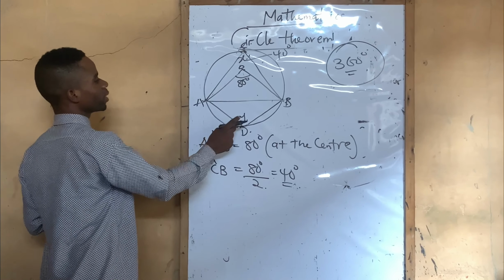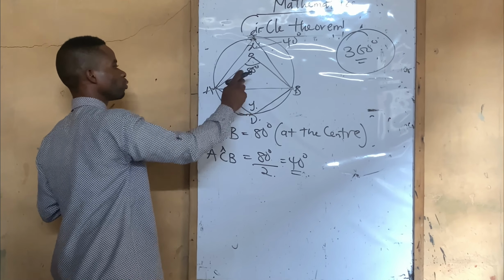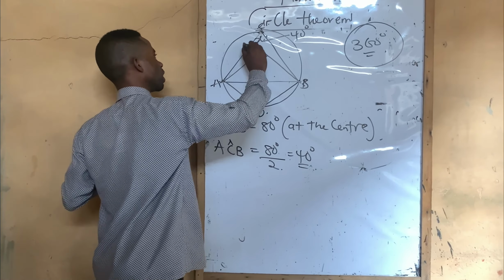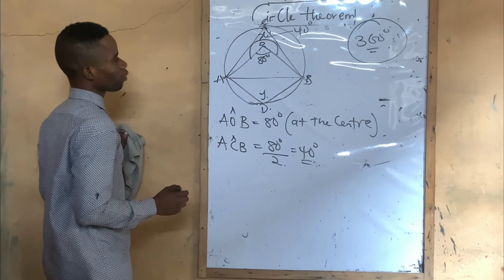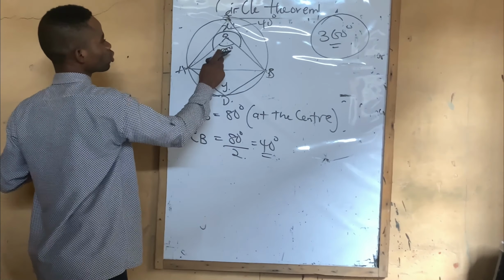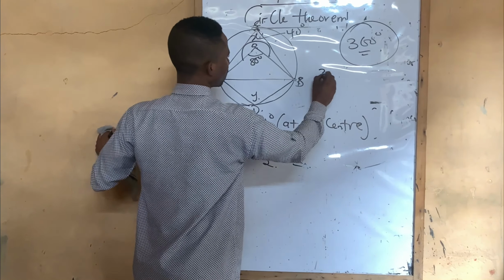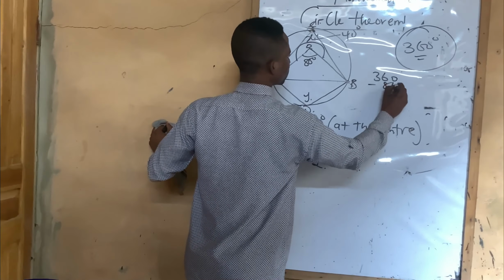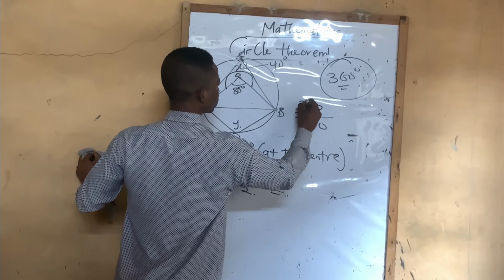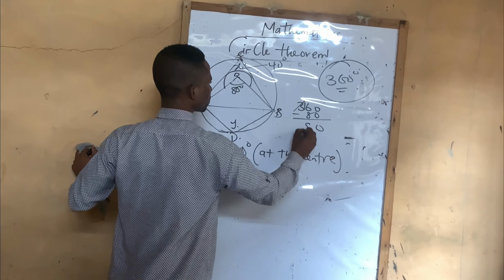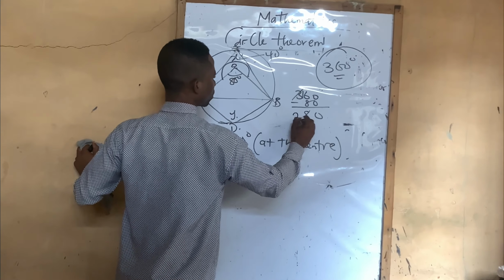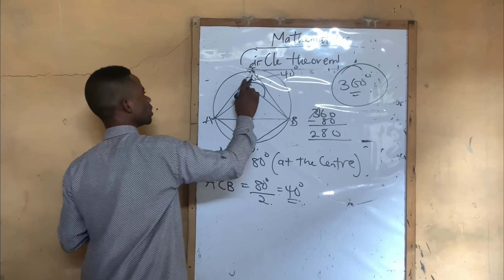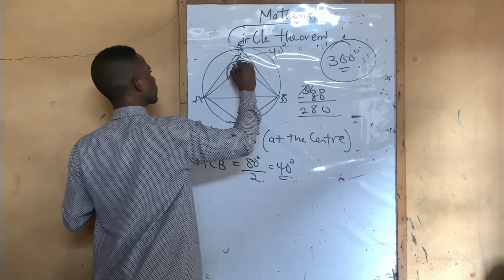Now, how will I get this y? I told you, for you to get this y, you have to get what is here. And for me to get what is here, I have to subtract 80 from 360. 360 minus 80. 0, 16 minus 8, that is 8. That is 2. So that means here we have 280.